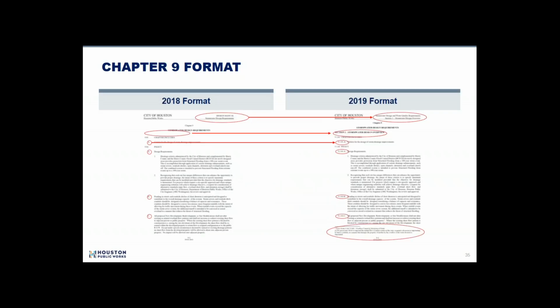Another format change you'll see is page by page. Each page we've added additional navigation. Those of you that use it significantly know that one particular section of Chapter 9, I believe it's 902 H or 902 something H, is something like 6 or 7 pages long.